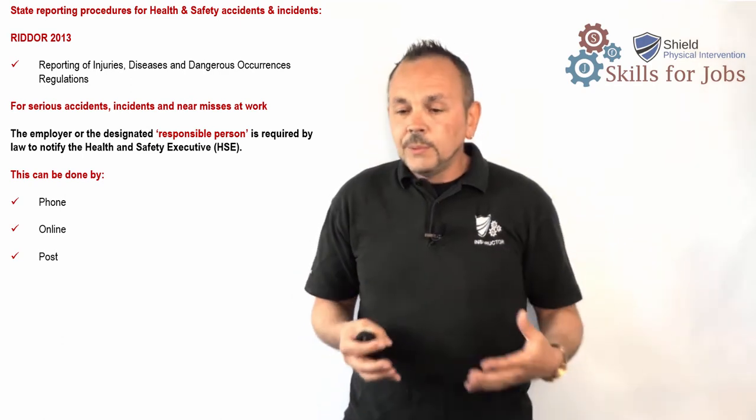As a security operative, you're obliged to report any incidents to your employer, though not necessarily under the RIDDOR. If the incident is serious enough, the employer, the person in charge or a self-employed person would then report the incident to the HSE under the RIDDOR so that it can be investigated.